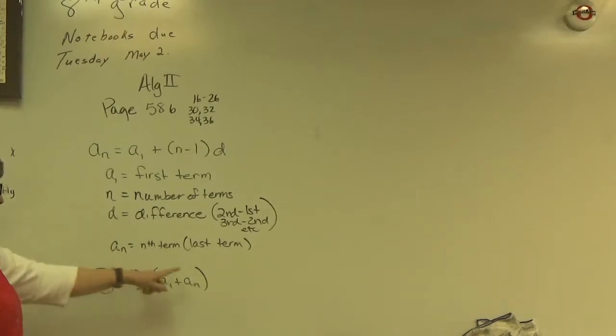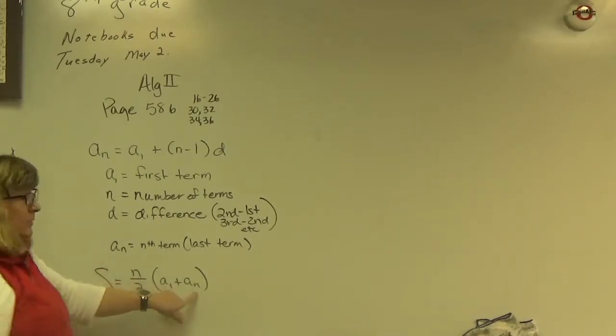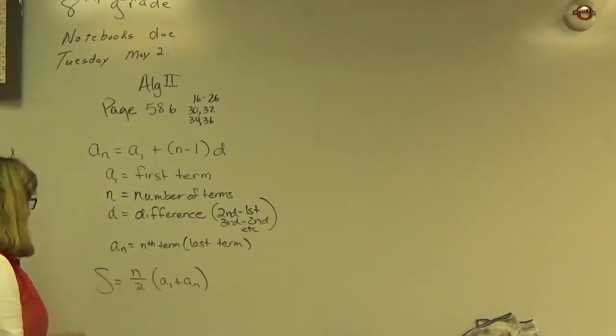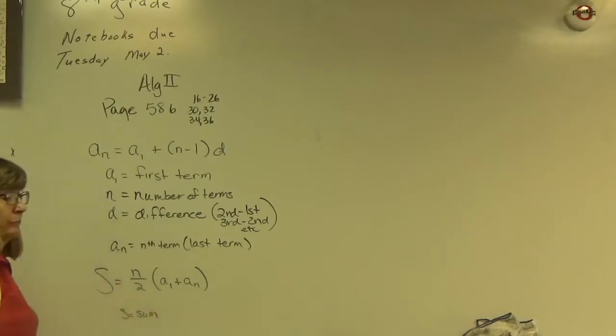What does n stand for? Number of terms. a sub 1, first term. a sub n, the last term or the nth term, and S, of course, stands for sum.